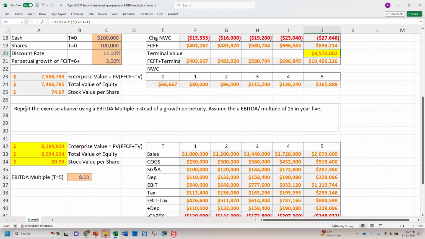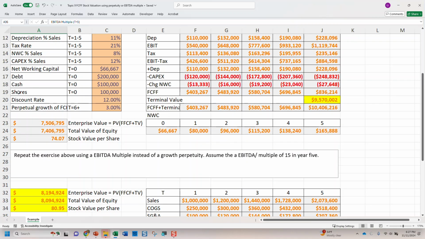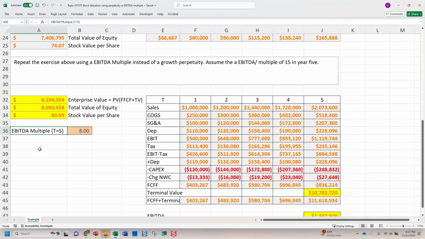We're going to repeat the exercise from above, but the only difference is I'm going to make a different assumption. I basically delete the assumption about growth perpetuity, and I'll replace it with the assumption that there's an EBITDA multiple, that companies of these characteristics you've determined are worth about 8 times EBITDA.